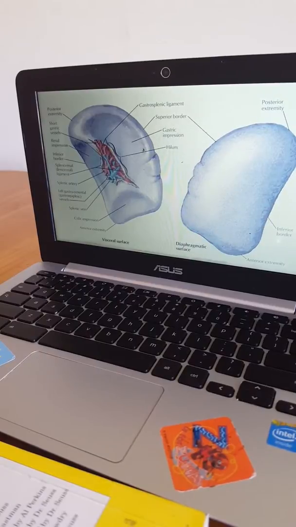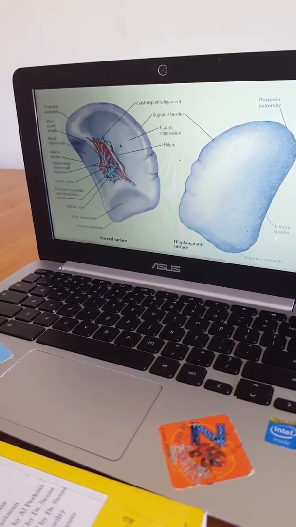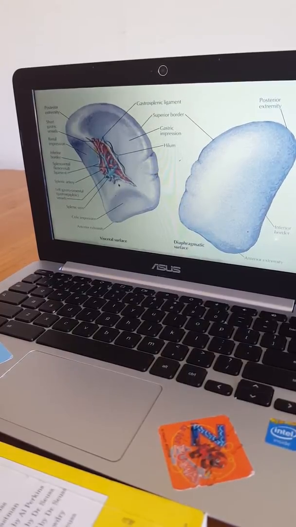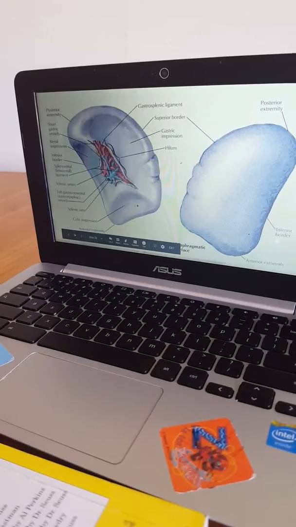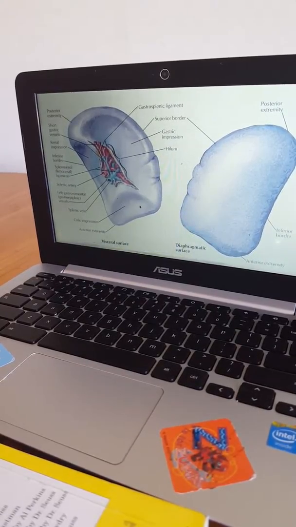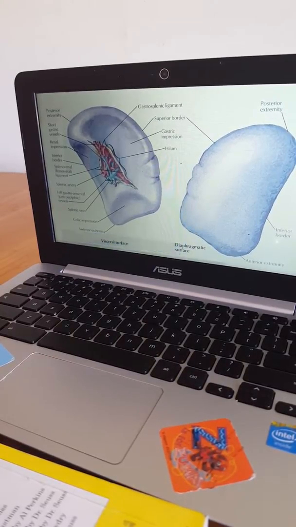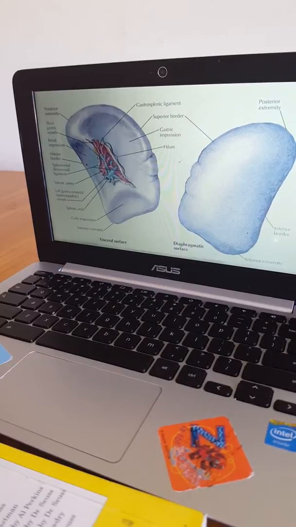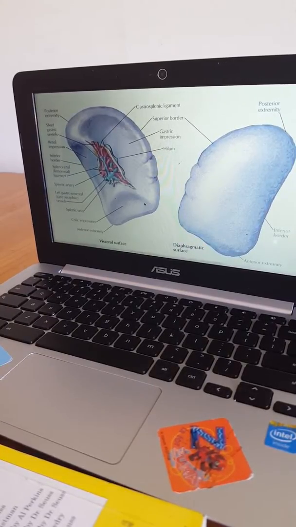So this part is known as the gastric impression because the stomach lies here, and this portion is the colic impression, the left colic flexure which I was talking about yesterday, that puts an impression here because of the pressure. And then this is the renal impression because the left kidney lies here, right? So these three impressions can be put as a point to mark them.